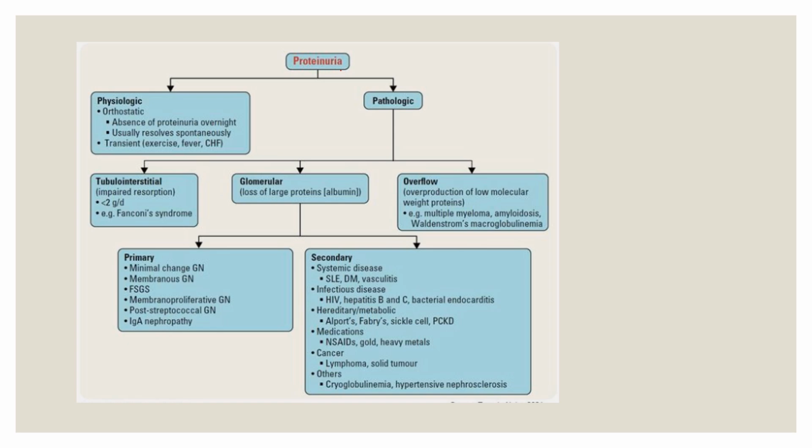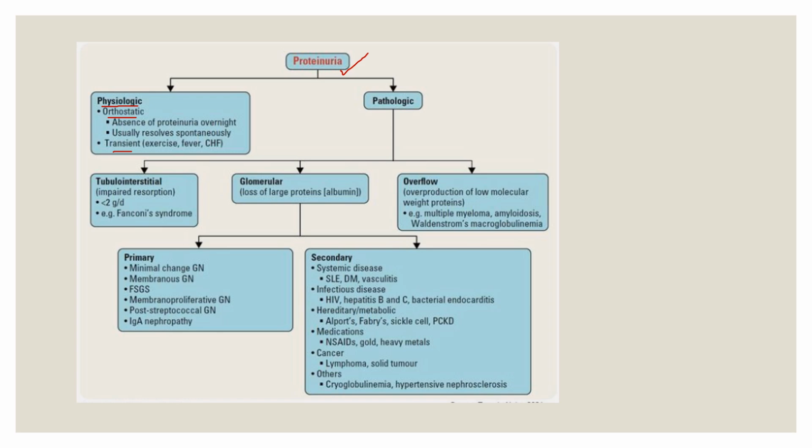Okay, that was hematuria, that was nephritic syndrome. Now coming to proteinuria, there are other terms also for proteinuria, like physiologic, orthostatic, it can be transient. So physiologic can be orthostatic or transient. Orthostatic is absence of proteinuria overnight. So when you have a child presenting with proteinuria, you have to rule out orthostatic proteinuria.